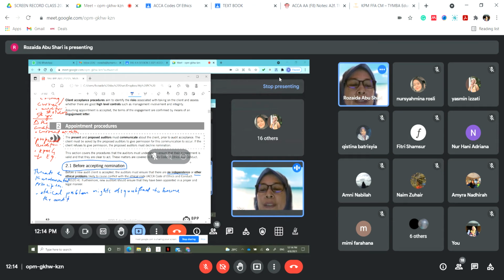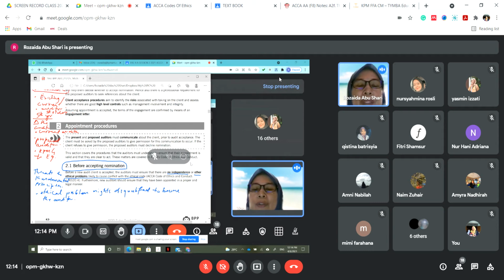So when you accept the nomination, there must be no independence or other ethical problems likely to cause conflict with the code of ethics. The new auditor should also ensure that they have been appointed in a proper and legal manner.